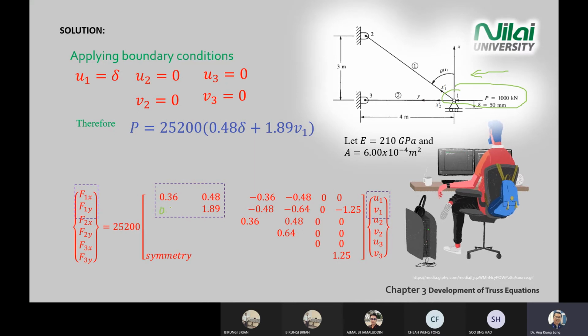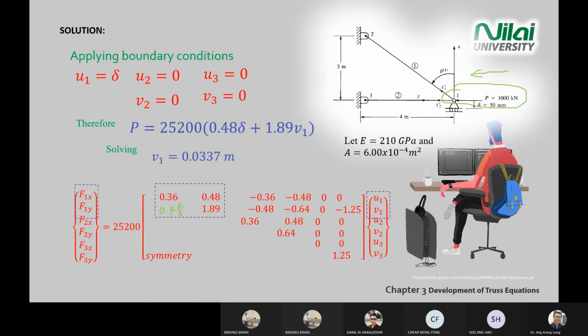I'll just expand and then you solve the equation here. Basically you are having 2 equations over here and you solve. Okay, so you'll get your V1 equal to 0.0337 meter. All right. So what does it mean by positive 0.0337 meter?